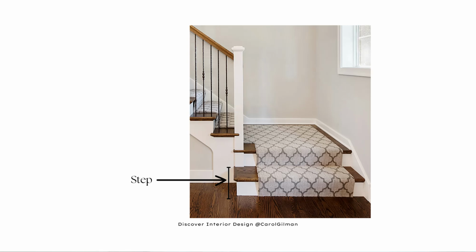The first part of a step that we can talk about is called the riser, which is just that vertical part of the step. And the horizontal part of the step is what's called the tread. And on the front of the tread, many times you'll find a nosing, which is almost like a finishing piece to create a nicer look to the front of that tread.